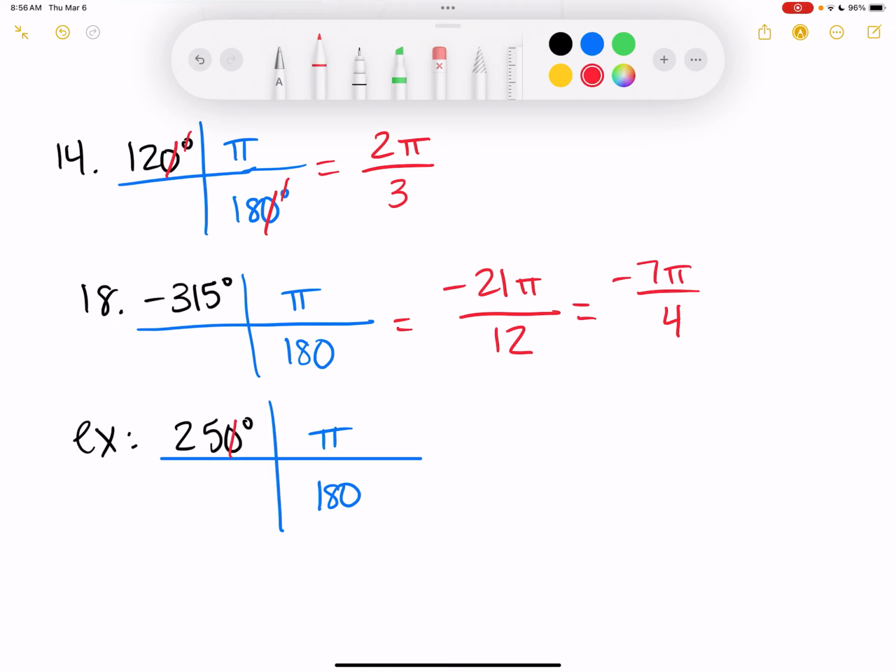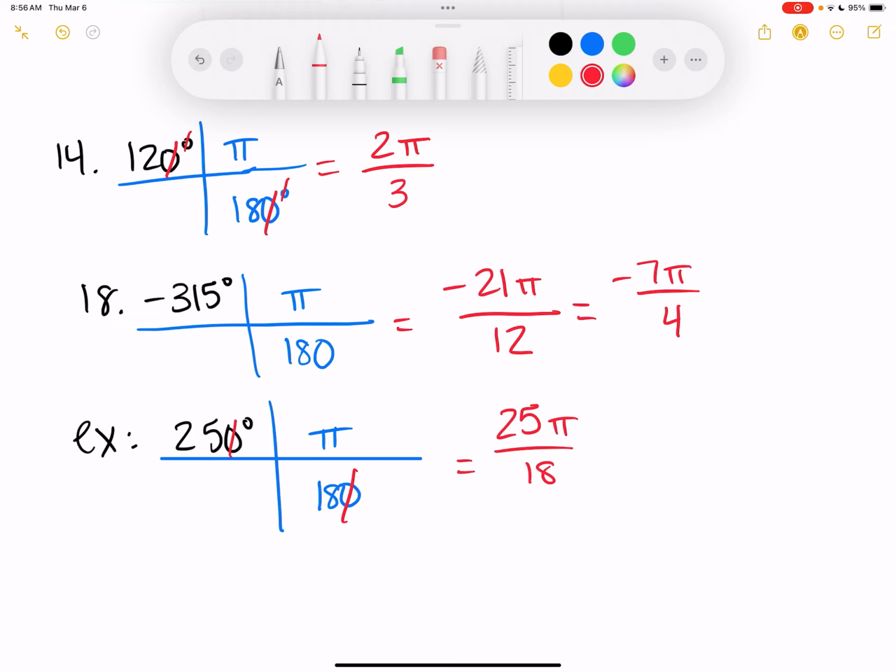And then is there anything that I can do now to reduce the 25 and the 18? Are there any common factors that I can take out to reduce it any farther? Nope. So this one, pretty big number, but that's fine. 25 pi over 18 would be the answer to that one. Okay, so sometimes they're really big, and that's fine if that happens, obviously.